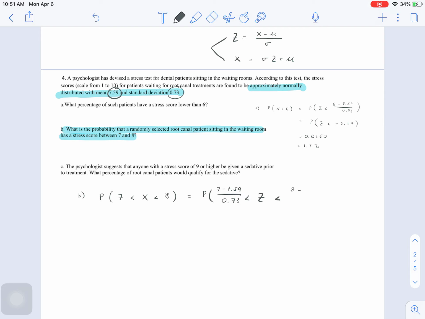Do 8 minus 7.59 divided by 0.73. I'll plug that into my calculator, and I should get negative 0.81 on this side. And on the right side, I should get 0.56.